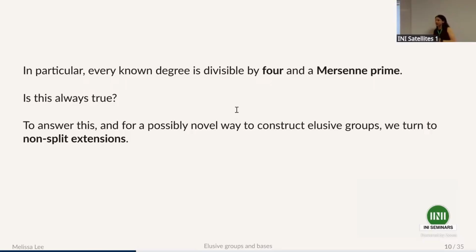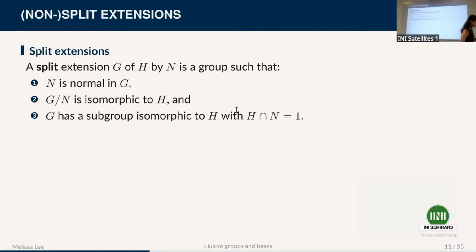And to find this novel way of constructing elusive groups, we turn to non-split extensions. Just to make sure everyone's on the same page, I figured I'd quickly put a slide in here reminding you of the properties of split and non-split extensions.